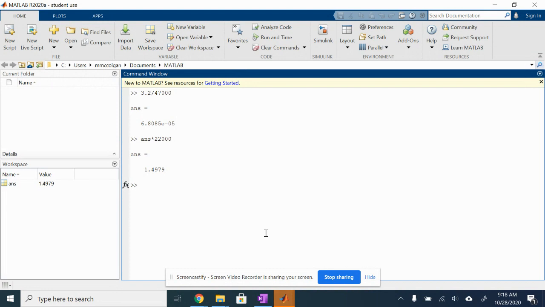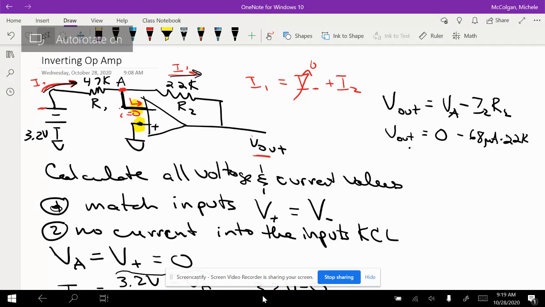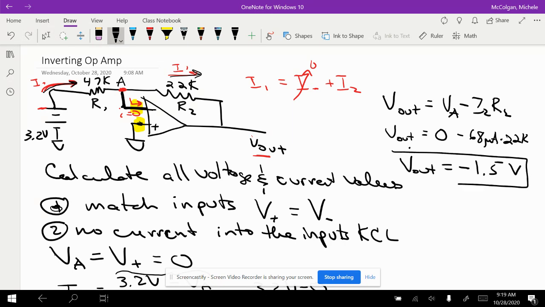So when I go back to here, I'm going to get V out is equal to a negative 1.5 volts. So in that case, I've calculated the current through and the voltage values at each point and the voltages across each of the resistors.